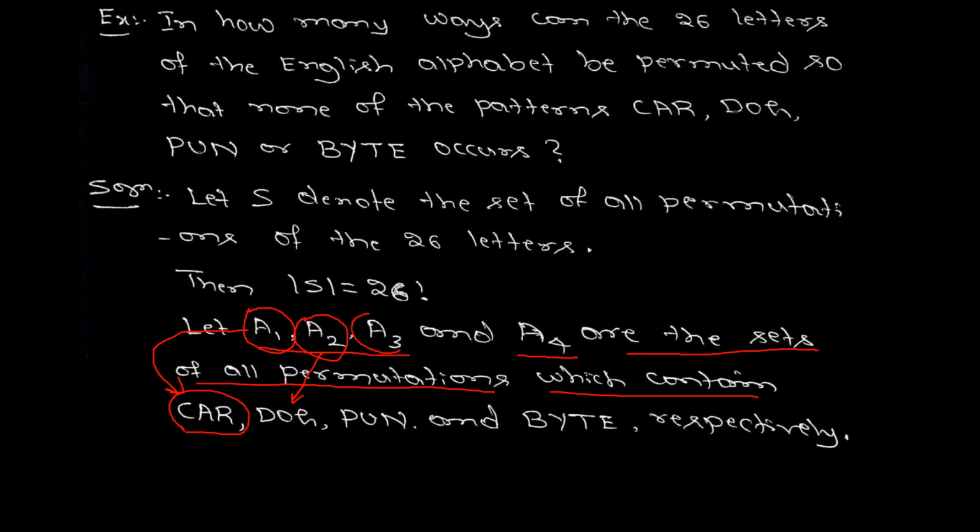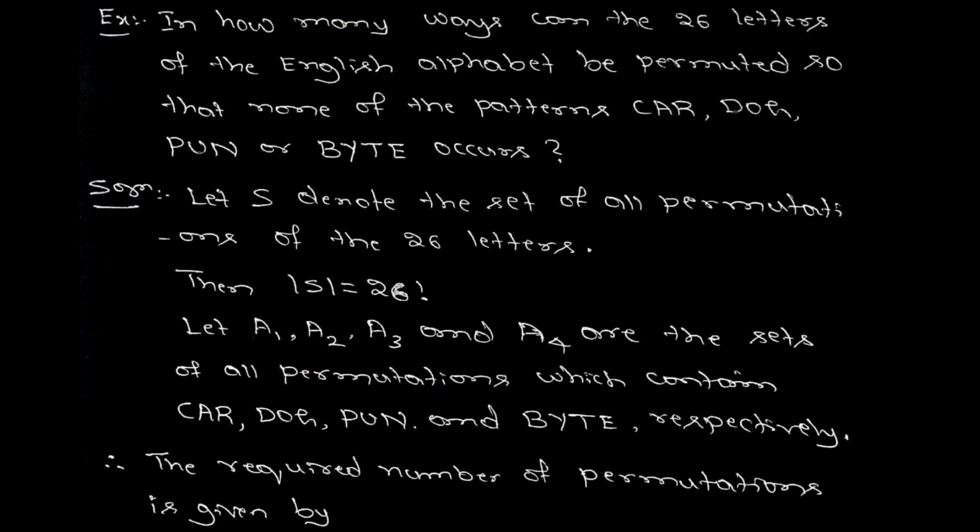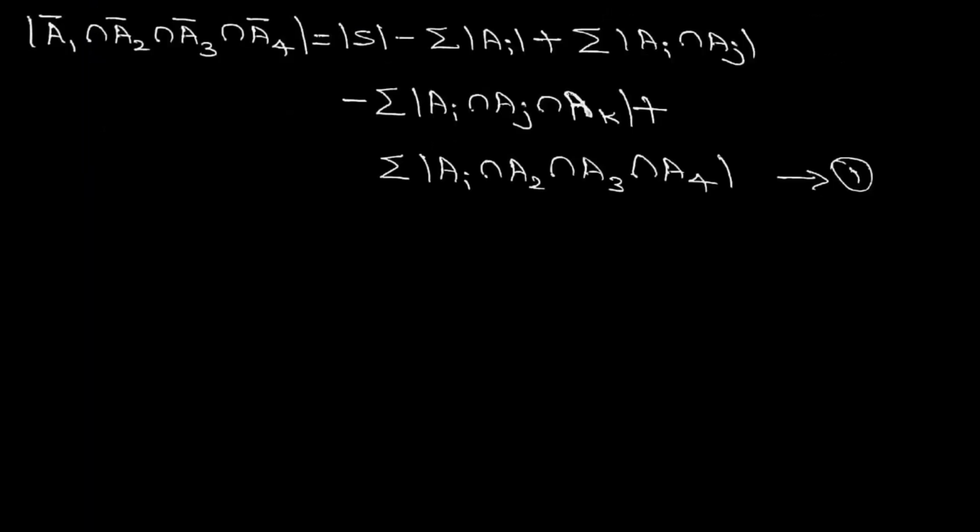A3 is the set of all arrangements which contain pun, and A4 is the set of all permutations which contain the word byte. Therefore, the number of required permutations is given by A1 complement intersection A2 complement intersection A3 complement intersection A4 complement.